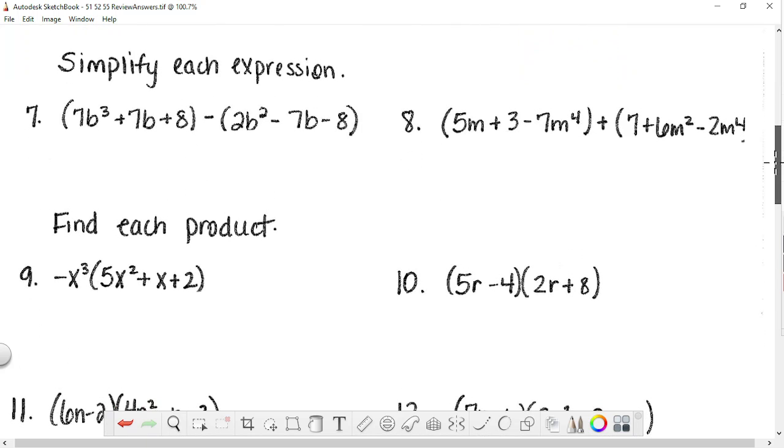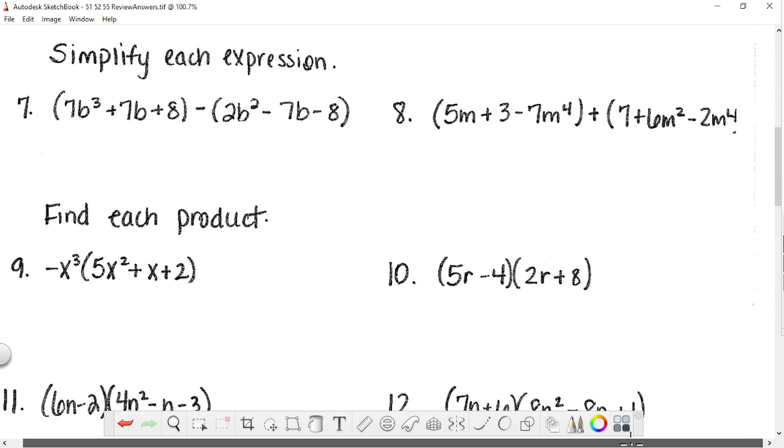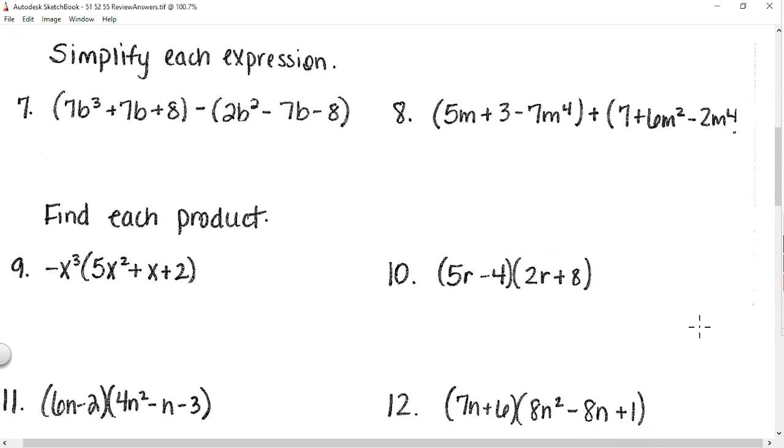Simplify each expression. So now we're adding and subtracting. And all you do here is look for like terms. Like terms have the same variable raised to the same power, and you combine them. So we look at this 7b cubed, and we look for another term that's b cubed. And see, there are not any.